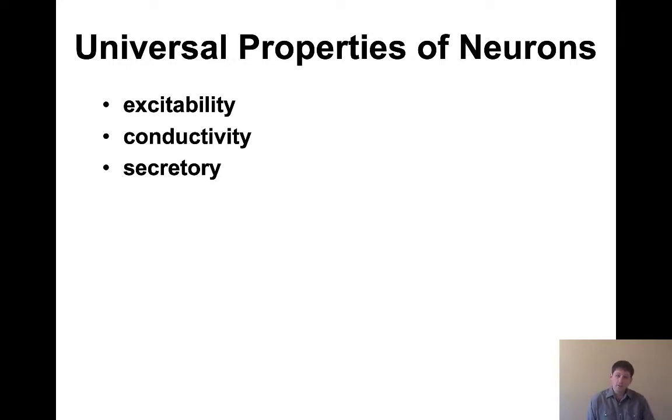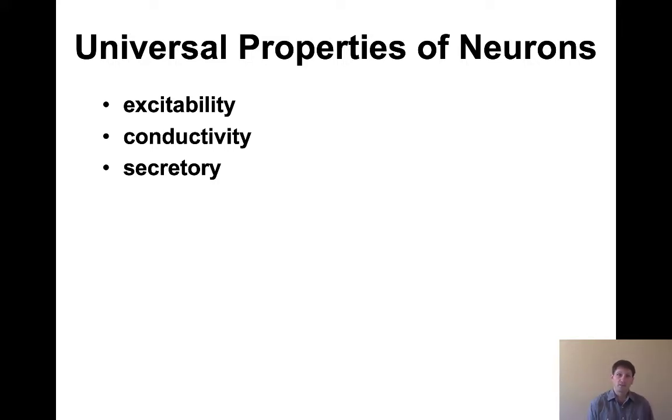The properties of neurons we had mentioned: they're excitable, so some kind of stimulation will excite them. Whether that's some kind of chemical signal, electrical change, or mechanical deformation, that's going to stimulate those neurons to fire their action potentials. They conduct, so they'll transmit those action potentials down the axon and across that synaptic cleft.